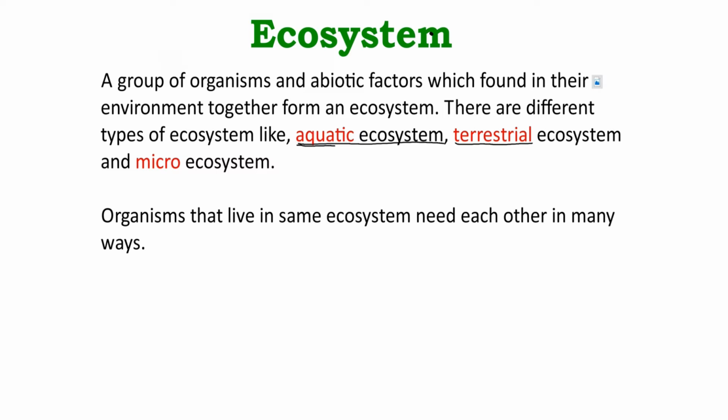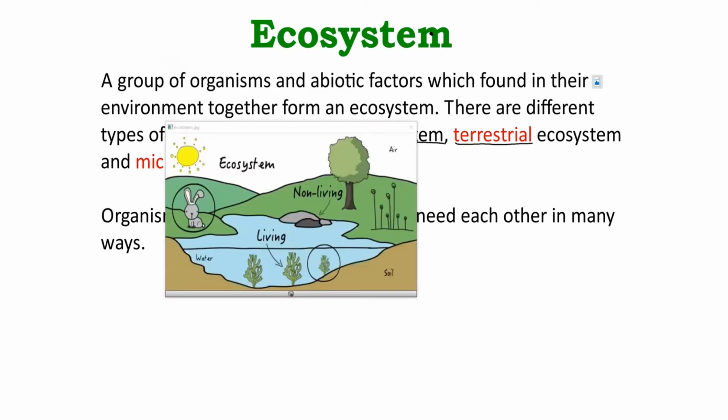Organisms that live in the same ecosystem need each other in many ways. Do you remember before we talked about photosynthesis? Photosynthesis takes place in plants, and in an ecosystem we see plants need water, which is non-living, but plants and animals depend on one another.